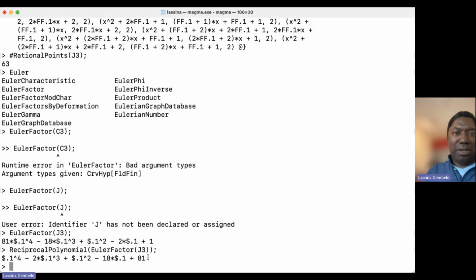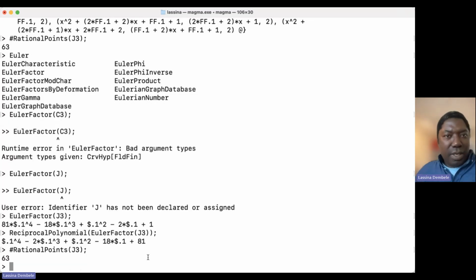Again, this is computed basically by counting points, or by doing things that are a bit smarter. So you have a way to compute the characteristic polynomial of Frobenius of the Jacobian of this curve. And as we saw earlier, the number of points on the Jacobian for the reduction at 3 is 63.